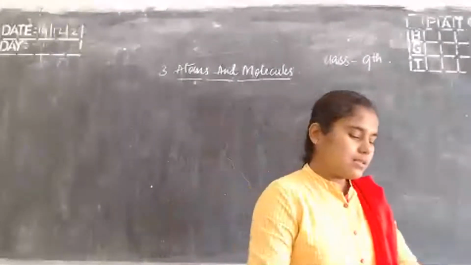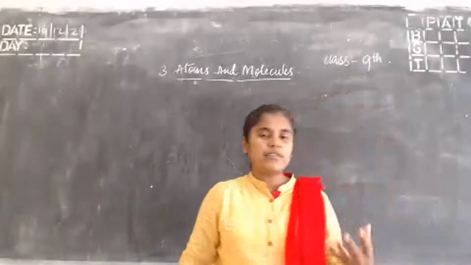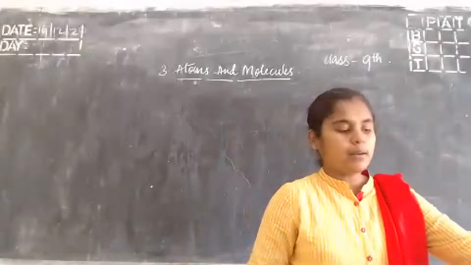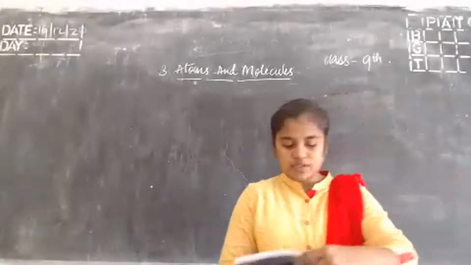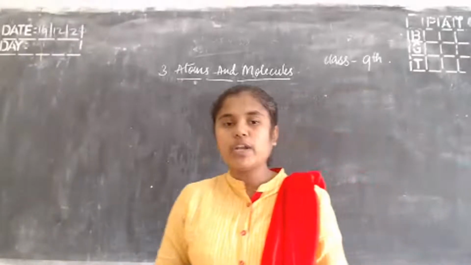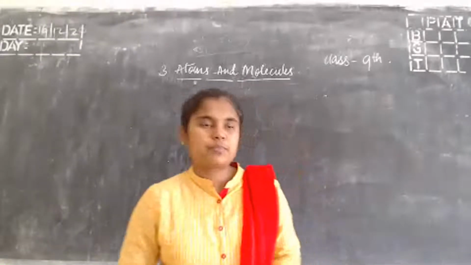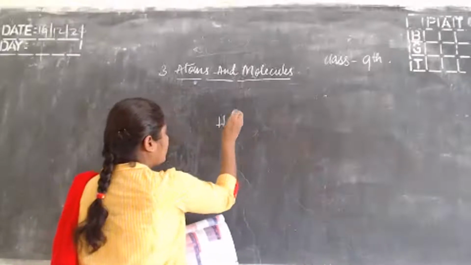Then we have atoms of different elements; they join together in definite proportions to form the molecules of that compound. You can see the examples given in your textbook, page number 36, table 3.4. If you take an example of a compound, water, it has the formula H2O.